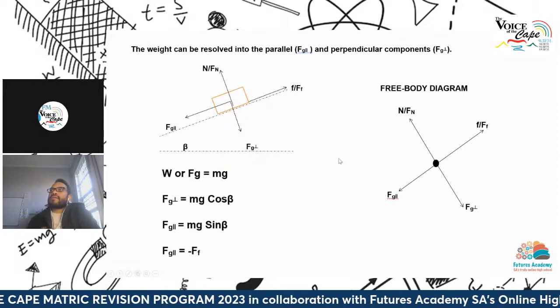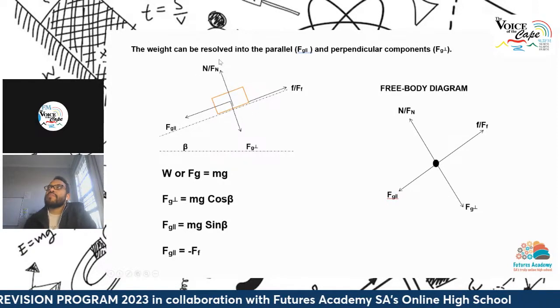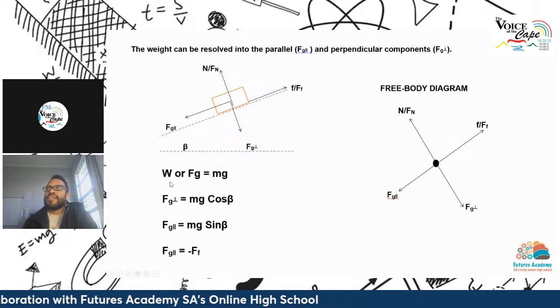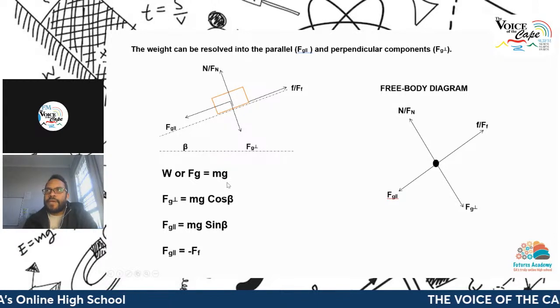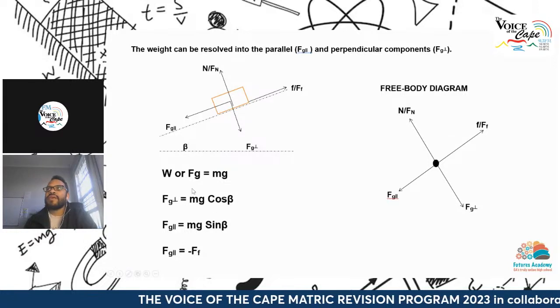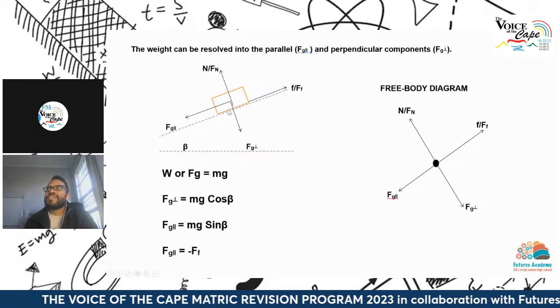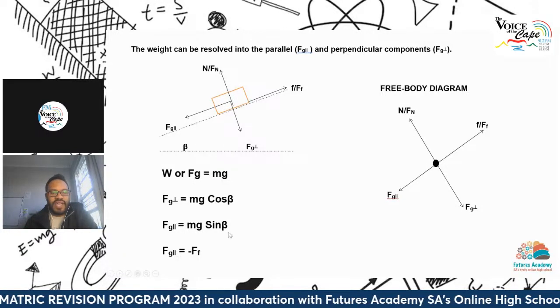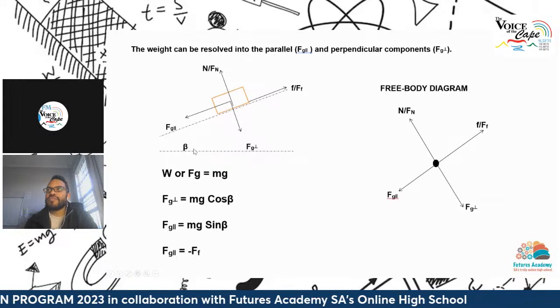Okay, we've already shown this, but the weight can be resolved into the parallel and perpendicular components. Weight, or Fg, is mass times gravity. Fg perpendicular is mass times gravity times cos of this angle over here. Fg parallel, this component over here, is mass times gravity times sine of this angle that it makes with the horizontal.